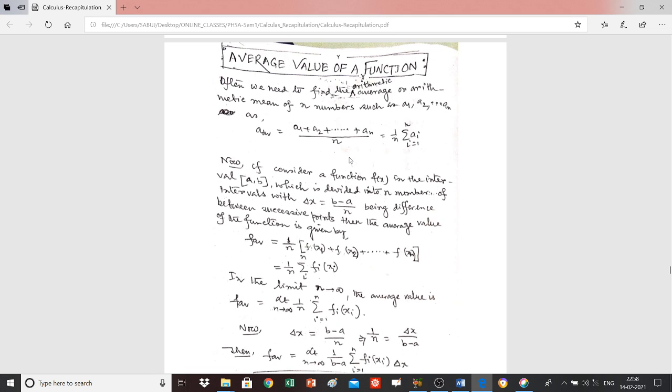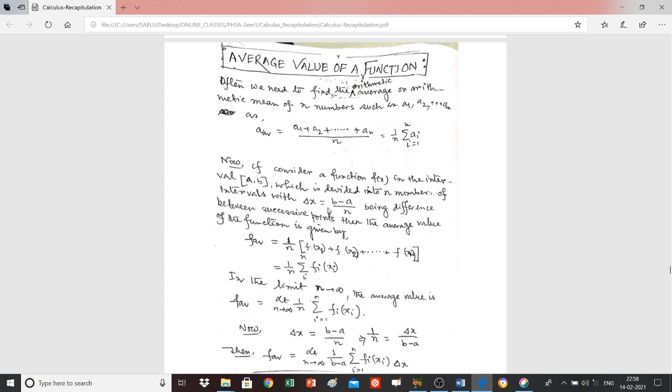Now in calculus, if you are given a function f(x) defined in the interval [a, b], and you need to find the average value of this function, you have to employ the method that will be discussed here.